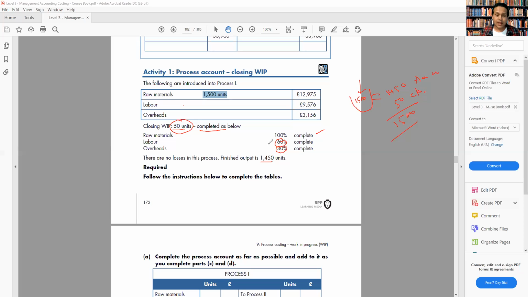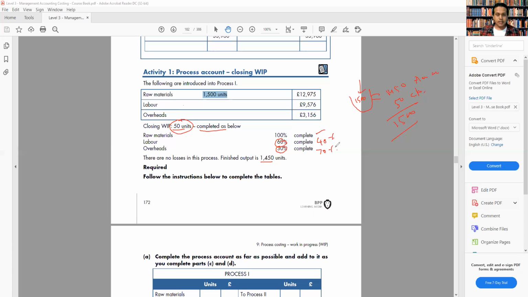And at that time we have to add 40% here, and 70% here to complete the product. Materials are already 100% done, so we don't have to do anything with the materials, but for the labor we have to add 40% more and for the overhead 70% more. That's for the opening. So the next day I have to add this percentage to make it done. But for today it is closing. I don't have to do anything.